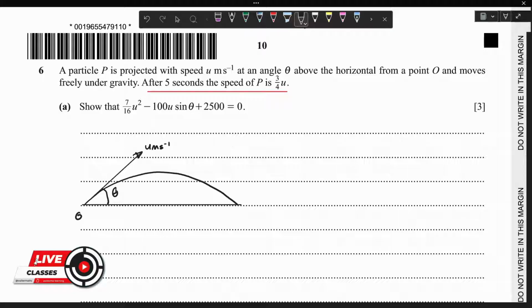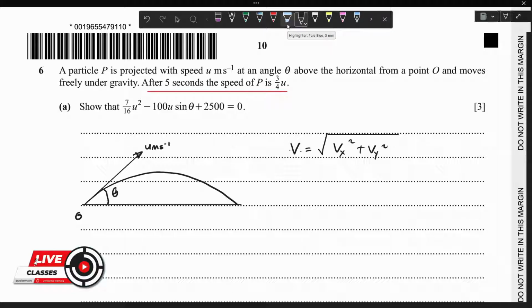Now, the speed of a particle at any instant can be found by V is equal to the square root of Vx squared plus Vy squared. Do you still recall that? Yes. Okay, so that's how we find the speed of a particle at any instant.